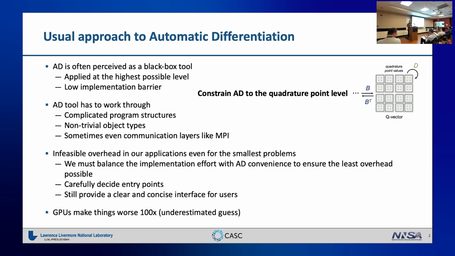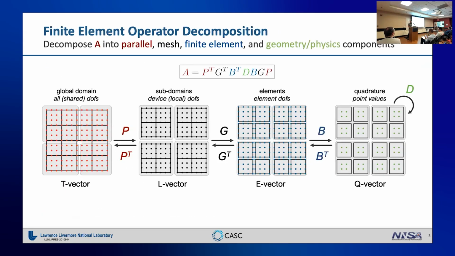So our approach is to constrain automatic differentiation to the quadrature point level. I showed you here a snippet of the last entry of our finite element operator decomposition. And if you haven't seen that diagram enough today, here it is again.